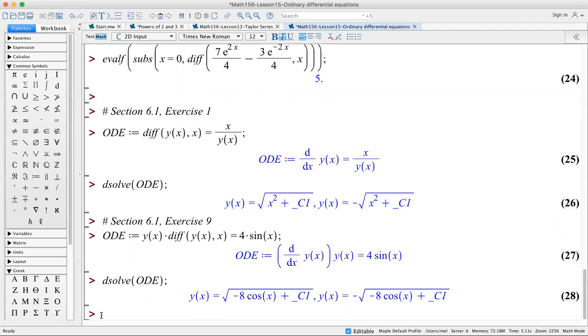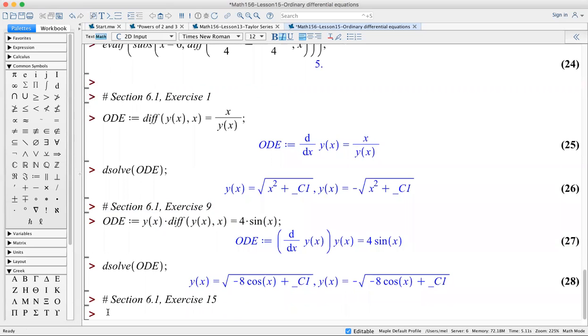Let's look at some initial conditions. So let's look at exercise 15. In this case, we have the differential equation y prime minus 2e to the x equals 0.